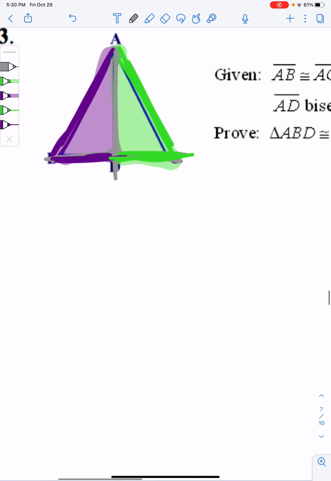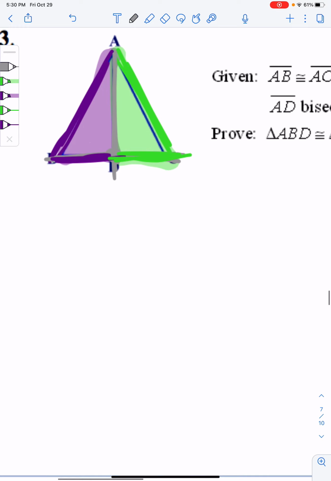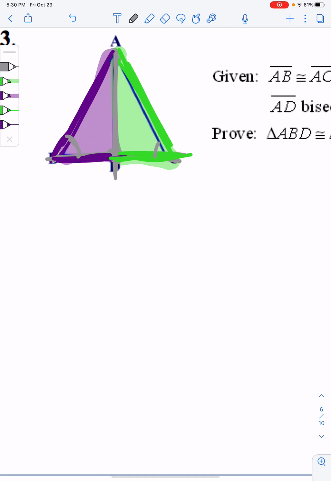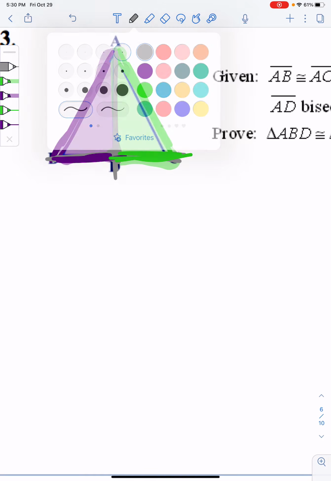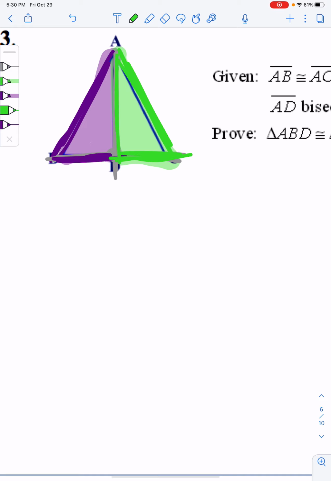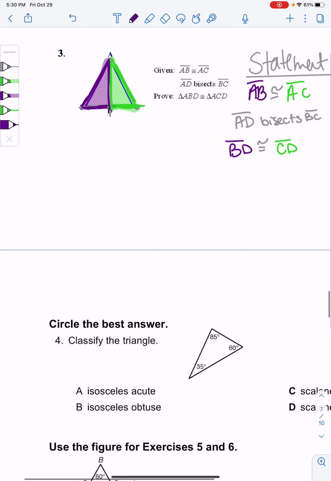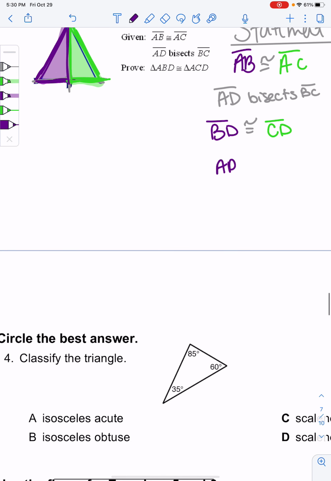And then it's looking like I have two sides. So I'm either going for a third side or this angle. Doesn't tell me anything about the angle, so I think I'm gonna go and try to show this side, AD green and AD purple, those match. So we have AD in purple and AD in green, and it's fairly obvious that they match because they're literally the exact same letters, the exact same line.